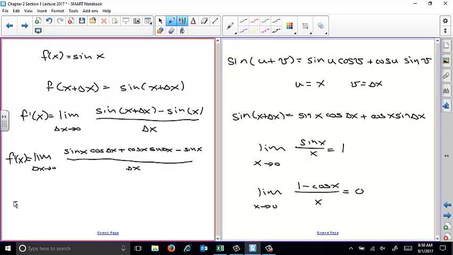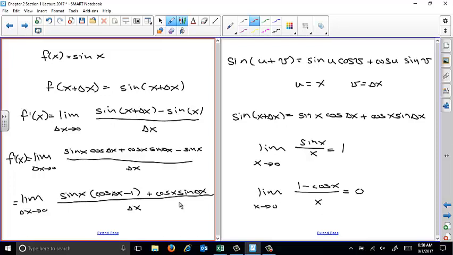Okay, so we got the limit as delta x goes to 0. What we end up with is the sine of x times the cosine of delta x minus 1. I've combined those two and factored out the sine of x. The second term is just the cosine of x times the sine of delta x, all divided by delta x.